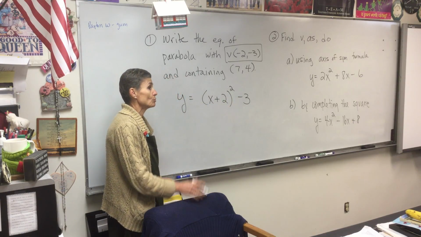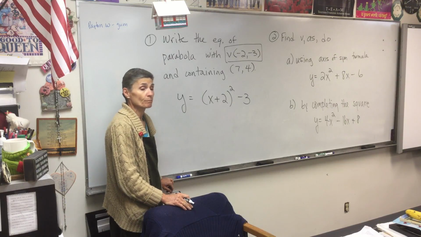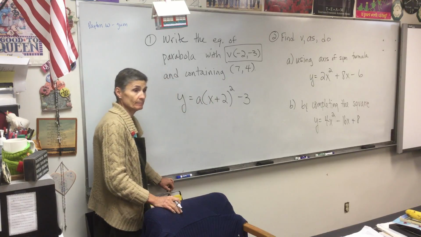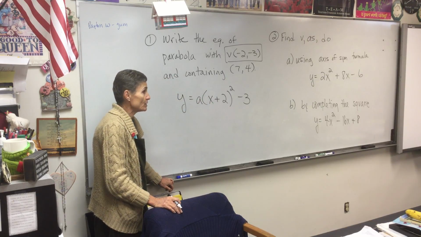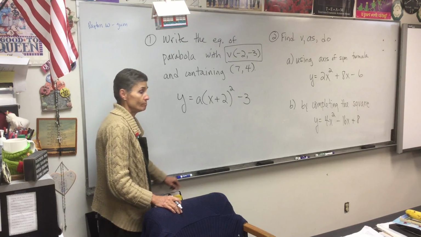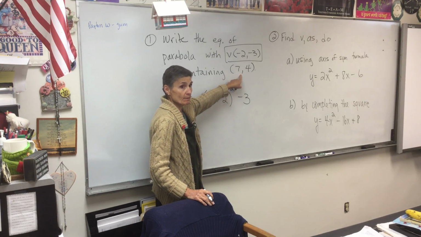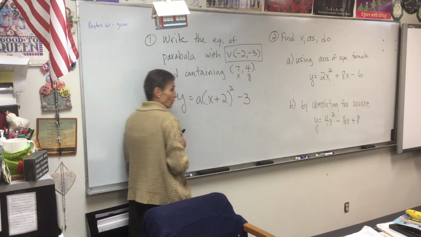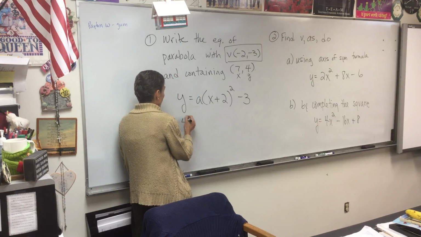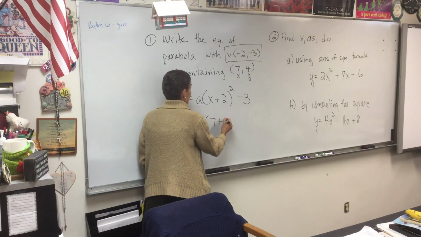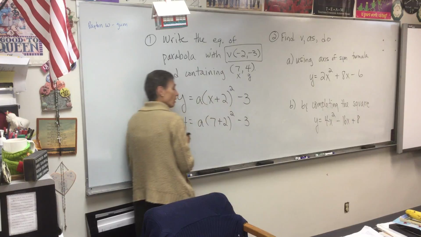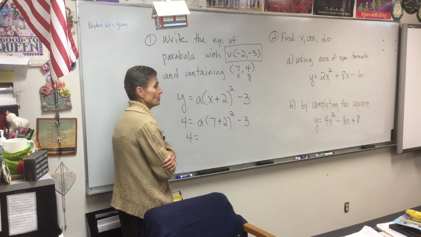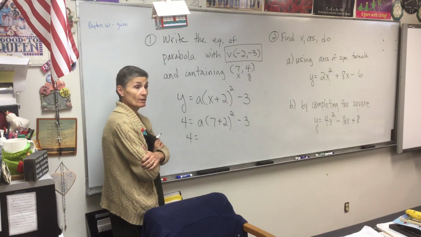All right, what's step 2? You got to figure out what that guy is, right? And how do we do that? We take this point (7, 4) and put this in for X and this in for Y. So 4 equals A times (7 plus 2) squared minus 3. Uh-oh, we have some big numbers happening. What's 7 plus 2? 9 squared. 81.